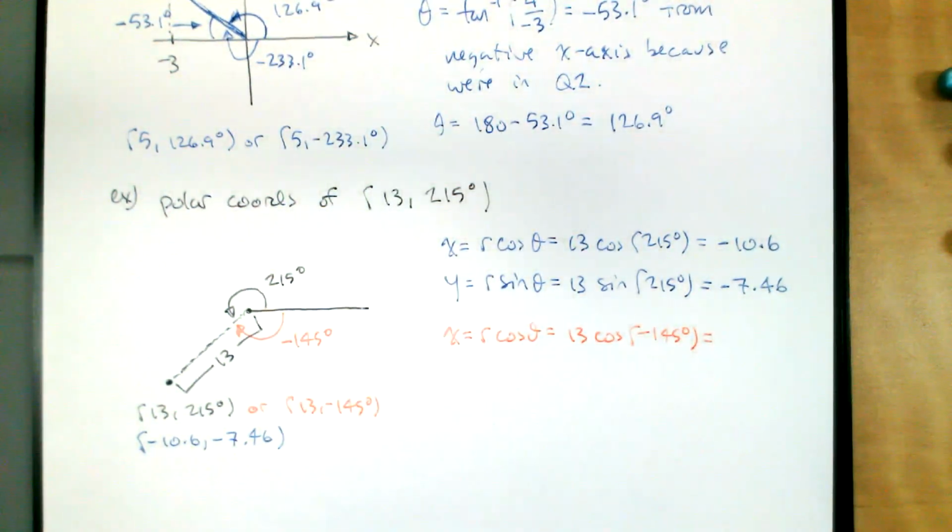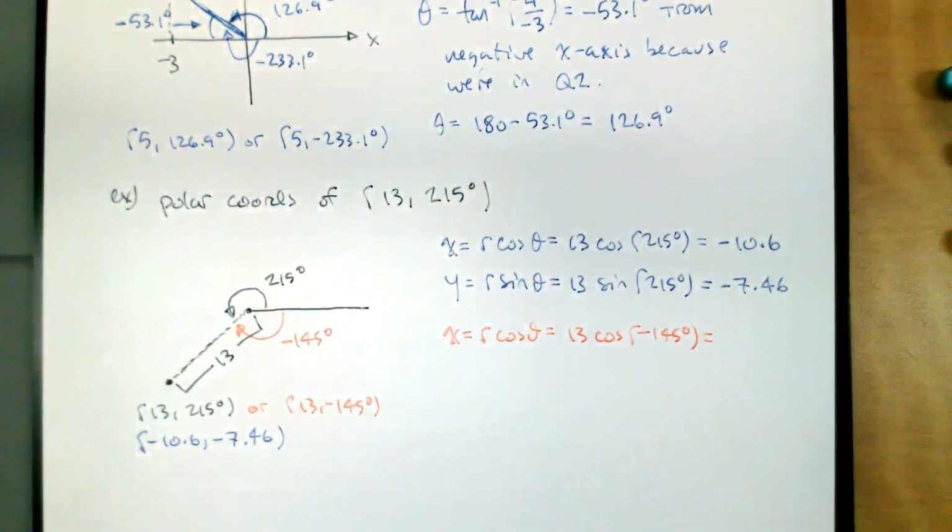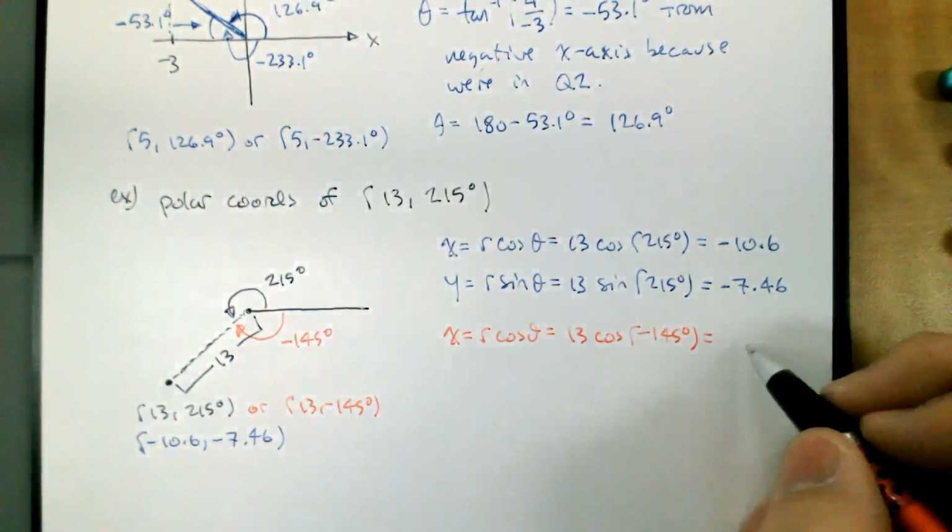If I grab my calculator and ask for 13 times the cosine of negative 145, I still get negative 10.6.